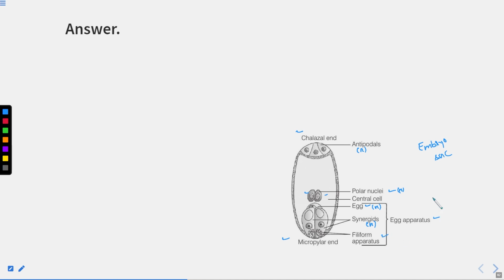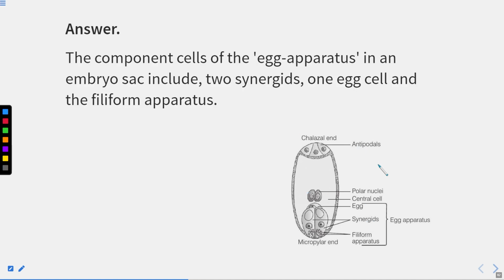So what was the question? What are the components of the egg apparatus? So the components of the egg apparatus in the embryo sac include 2 synergids, 1 egg cell, and the filiform apparatus. What is filiform apparatus?